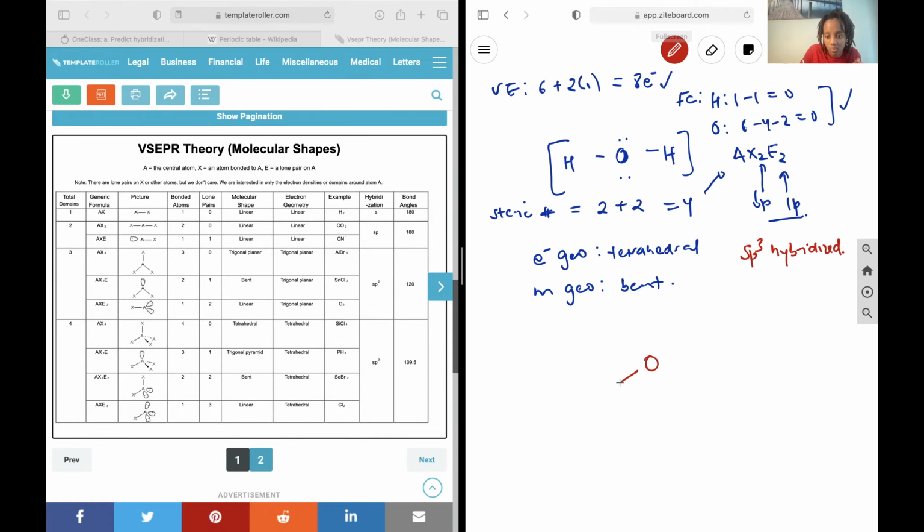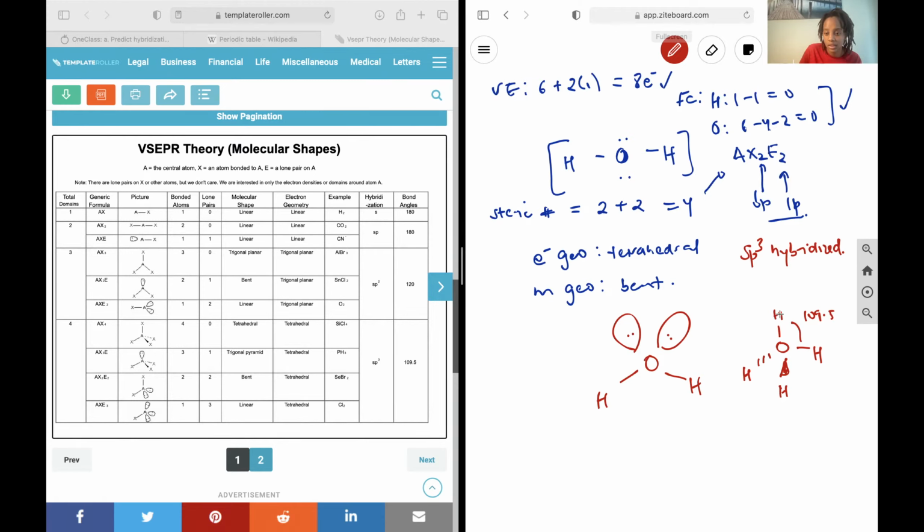And so we have O and our two H's that are in the plane, and then those two. What's going to happen is if it was tetrahedral, so let's say OH4 for whatever reason, then we'd have a bond angle of 109.5 between everything.